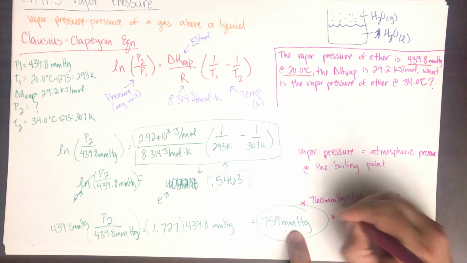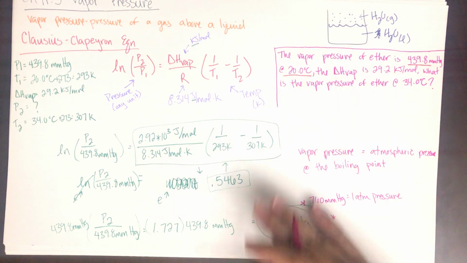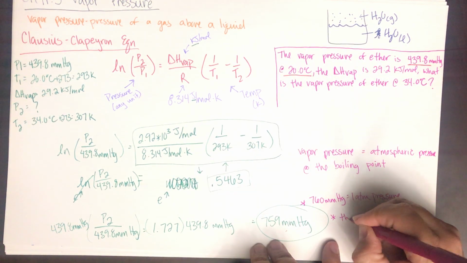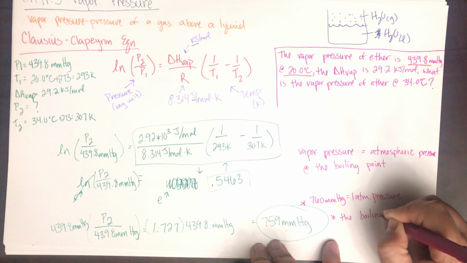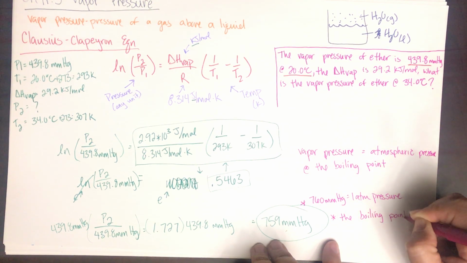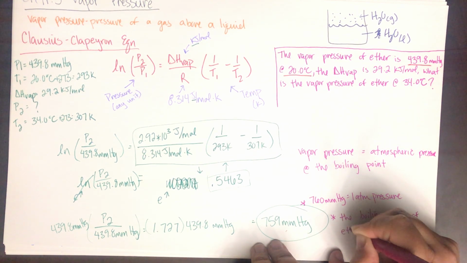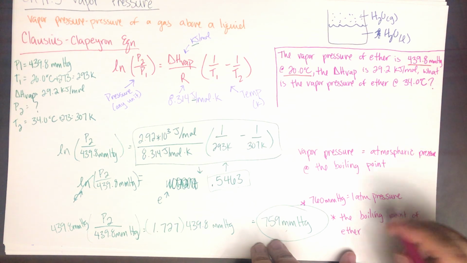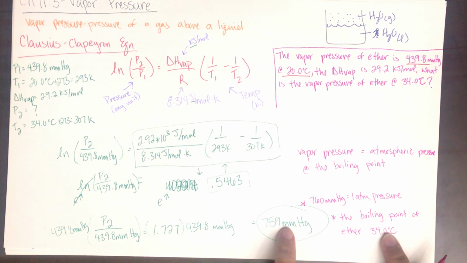What that tells you, and what you should understand from this problem, is that the boiling point of ether is 34 degrees, because that's the temperature where the vapor pressure equals atmospheric pressure. And by definition, that's what the boiling point is. This was all covered back in the first section of general chemistry.